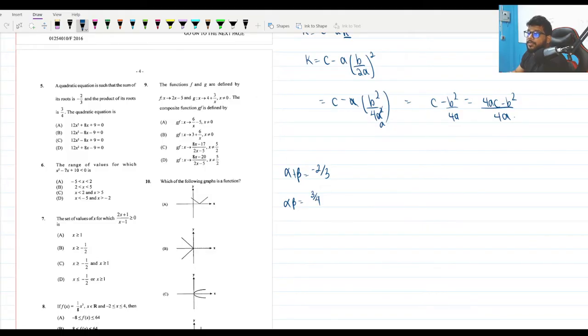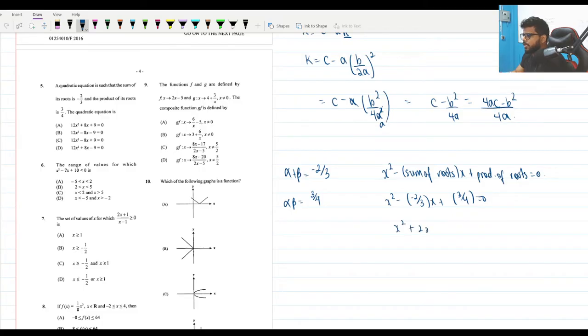The quadratic equation: generally a quadratic is x squared minus the sum of the roots, x, plus the product of the roots, is equal to 0. So I got x squared plus 2x over 3 plus 3 over 4 is equal to 0.